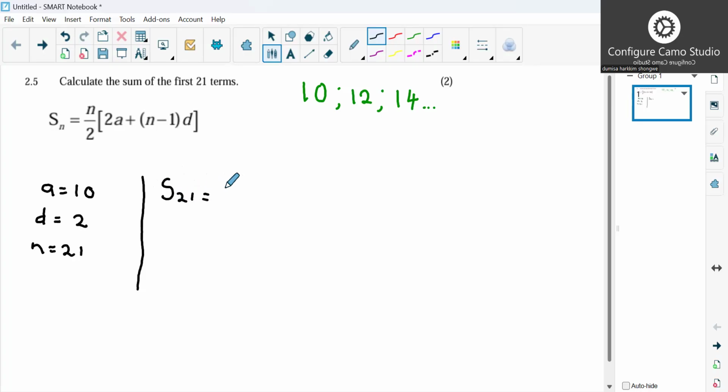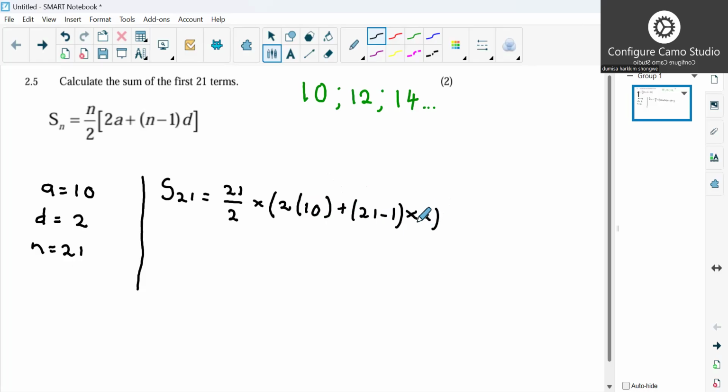Then again, there's an n, so we put 21 all over 2, multiplied by open bracket, 2, open bracket, then instead of a, we're going to put 10. Then plus, open bracket, 21 minus 1, close bracket, multiplied by 2. Then we close our bracket.